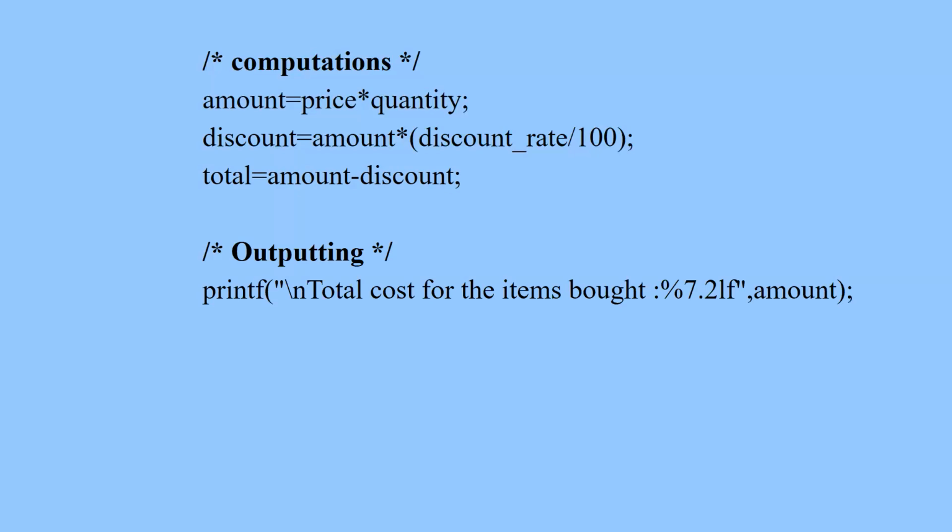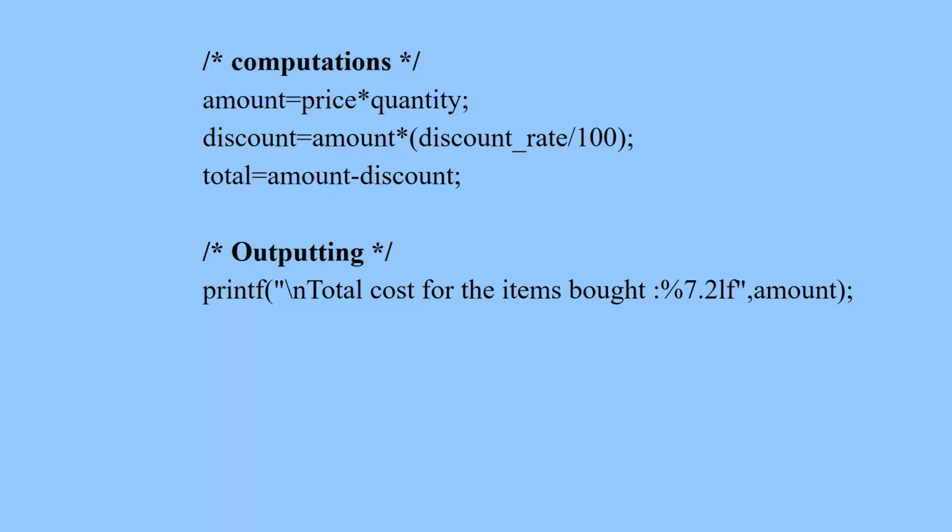So printf. This statement means display the following on the screen after having dropped one line. Total cost for the items bought, followed by what has been stored in the memory location called amount. What you are going to display on the screen should not exceed 7 characters, out of which 2 should be for the decimal part.